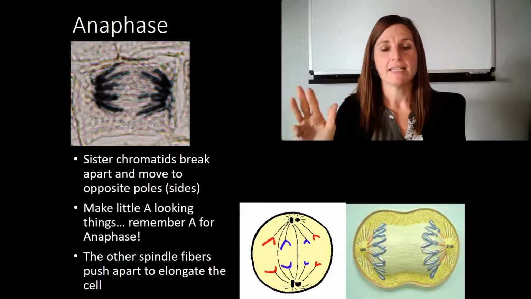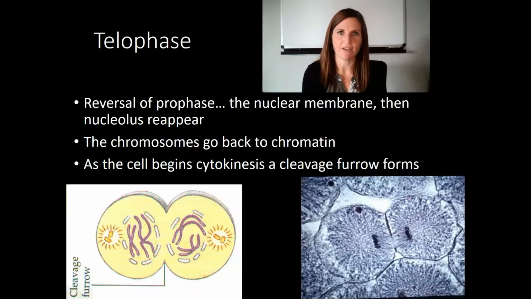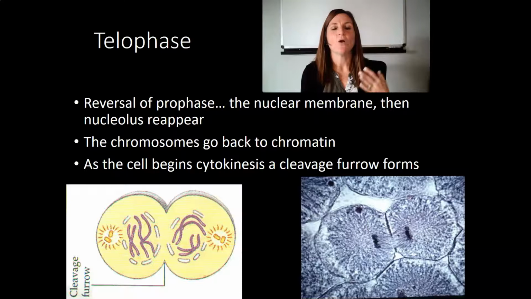And then we have telophase, and in telophase, we turn back, we reverse all of the things that we did in prophase. So anything that happened in prophase unhappens in telophase. In prophase, the chromosomes condense. So in telophase, the chromosomes uncondense back into chromatin. In prophase, the nuclear envelope breaks apart.